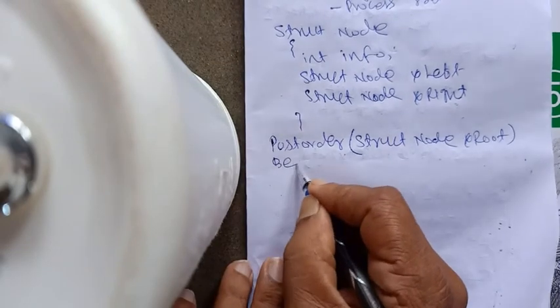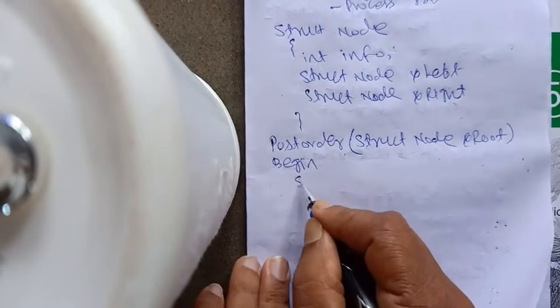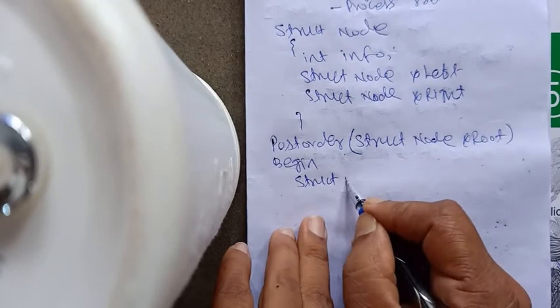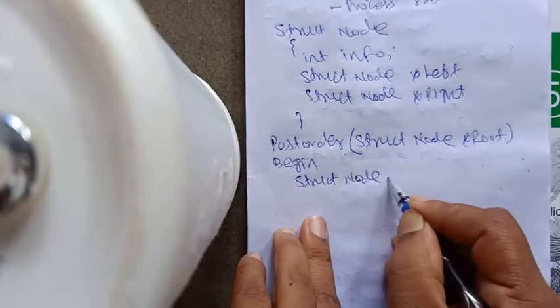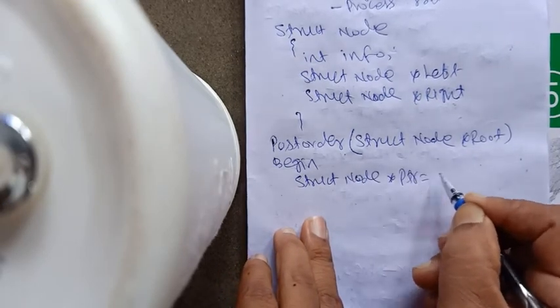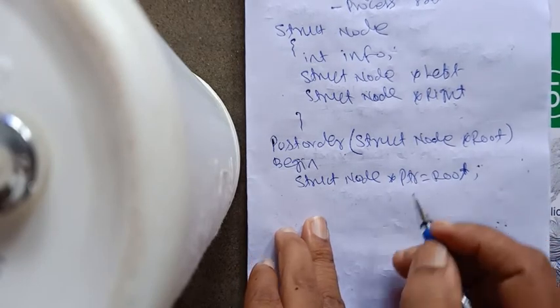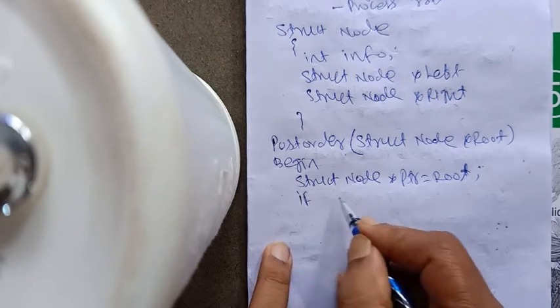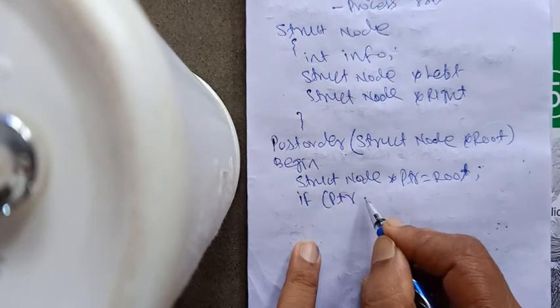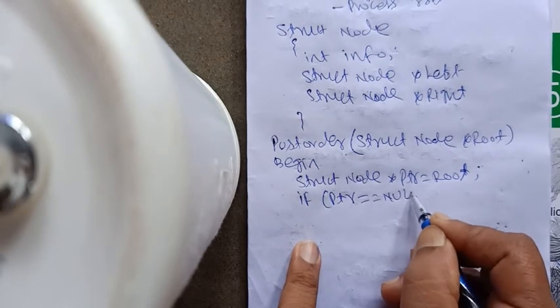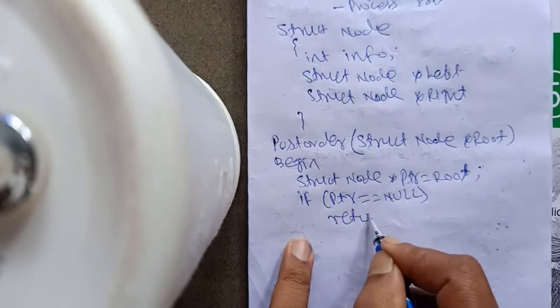Now begin. I'll declare a temporary pointer variable here, struct node asterisk ptr equal to root. So the address of the root node is now stored in ptr. Now I'll check if ptr is null, then I should quit: ptr equals null, then return.